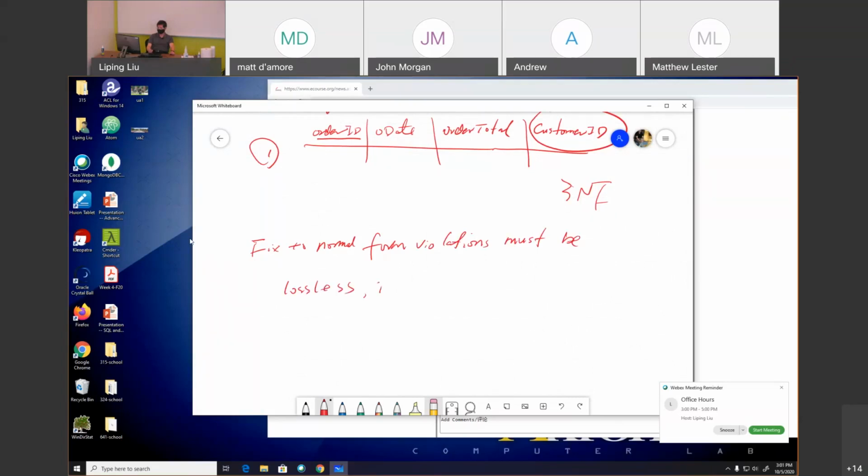In other words, no information in the original table is lost due to the breakdown.